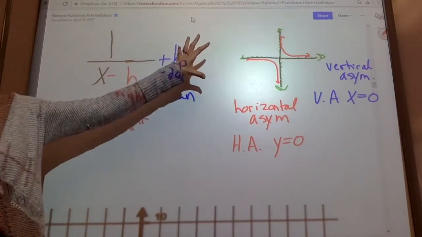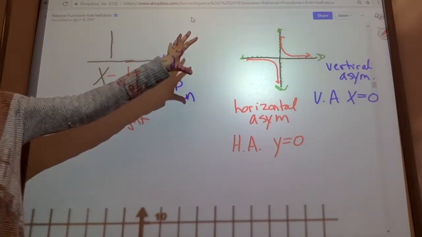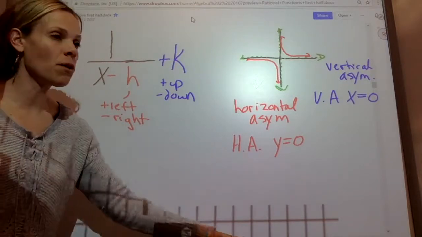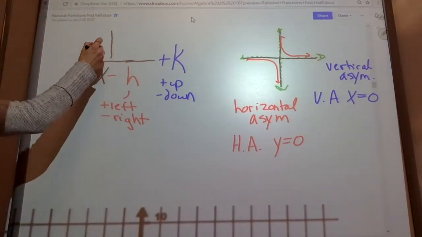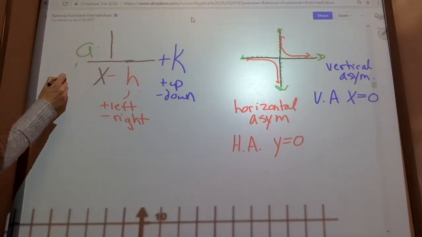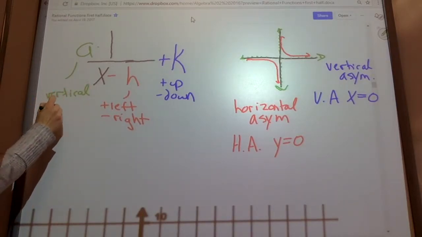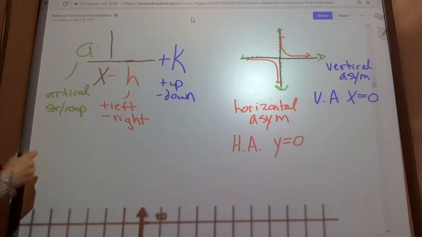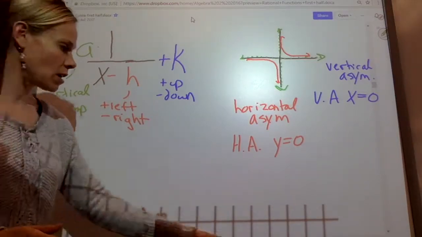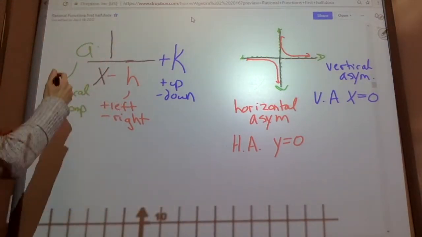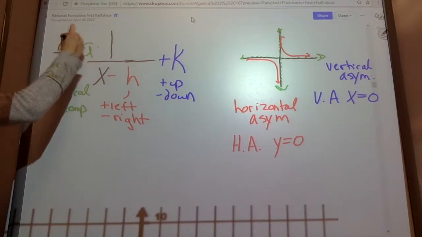If it's outside the fraction, that's up and down. Of course, if I multiply by a number, that's vertical stretch and compression. And negatives always mean reflect over the x-axis.